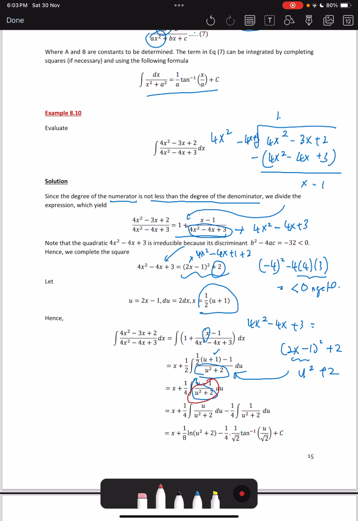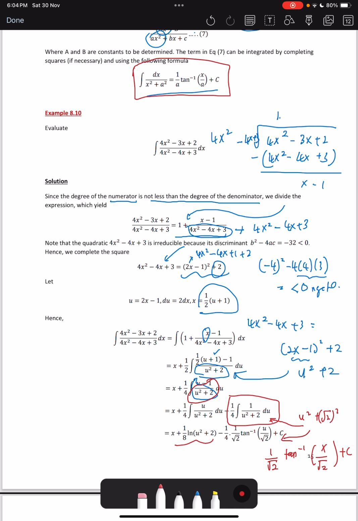If you have this format, it is the same as this formula, 1 over a, x over a, so x to the power of 2 is u to the power of 2 plus square root 2 to the power of 2. You will get this format, so 1 over a now is square root 2 tangent inverse of x divided by square root of 2 plus c.